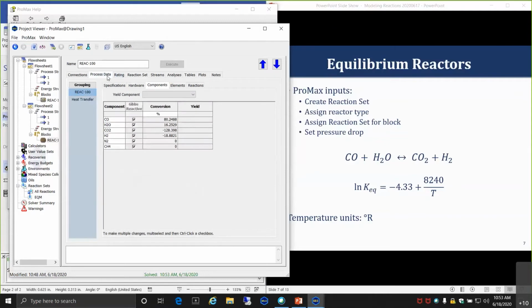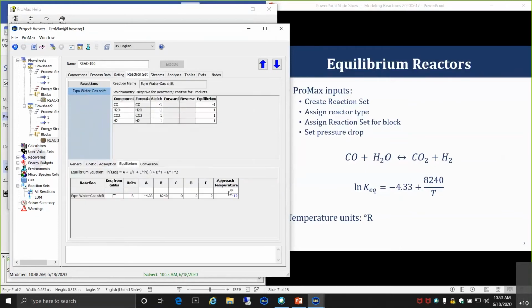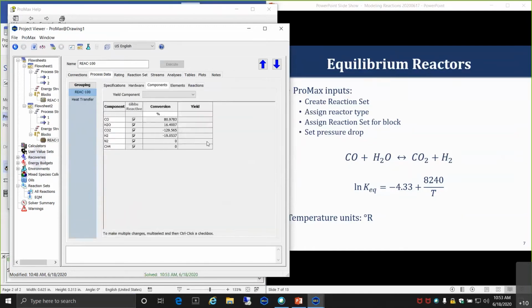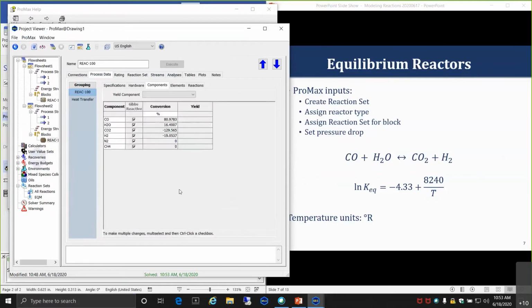So if we come back here, well, that's at 80.2, and I am at 796.5, versus 797.5 and 80.9 before.